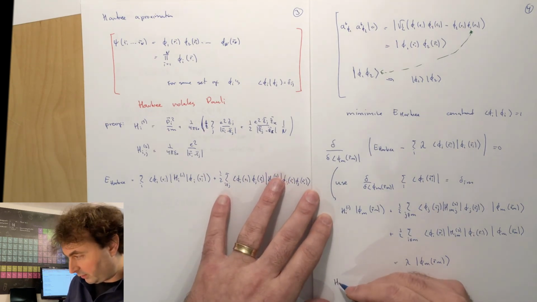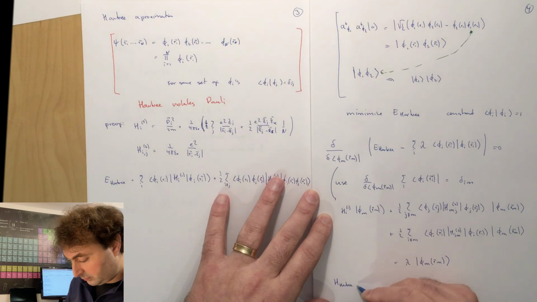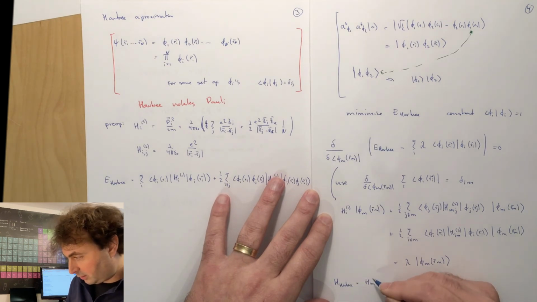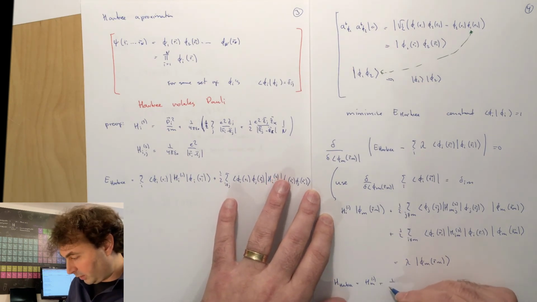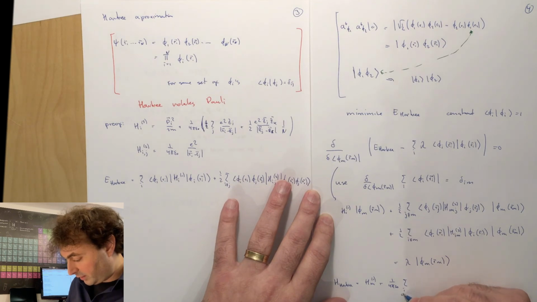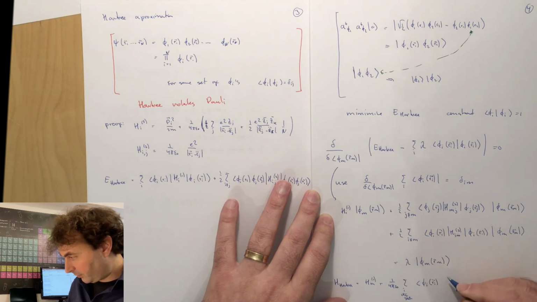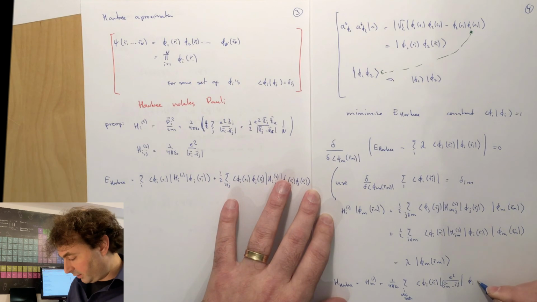So we find that we have a Hartree Hamiltonian that is given by h1 plus 1 over 4 pi epsilon 0, the sum over all occupied states, phi i Ri, e square over rm minus ri, and then psi i Ri.